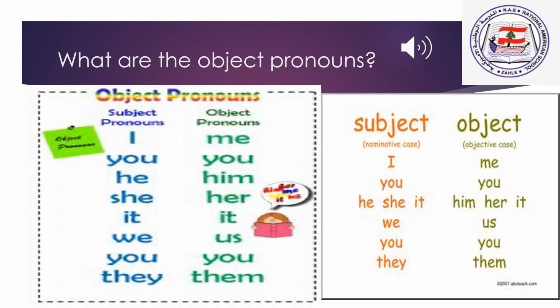In front of you, I have listed the subject pronouns in the left-hand column and the object pronouns in the right-hand column. Once again, the object pronouns are me, you, him, her, it, us, you, and them.